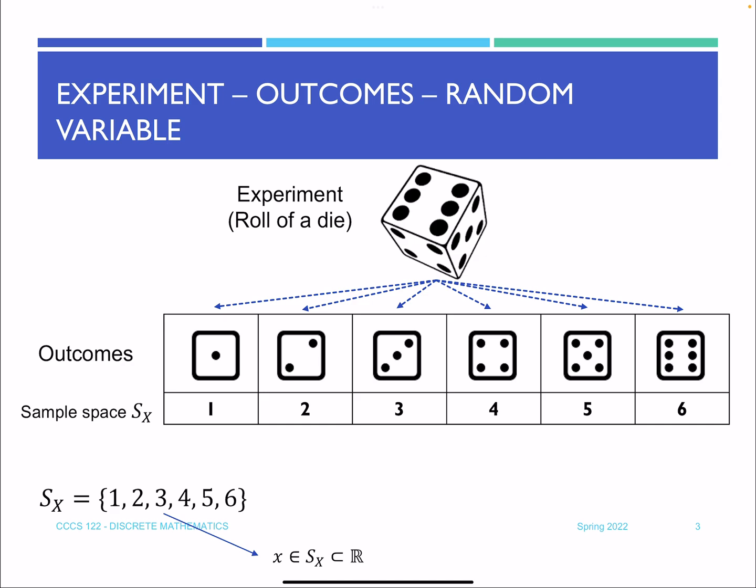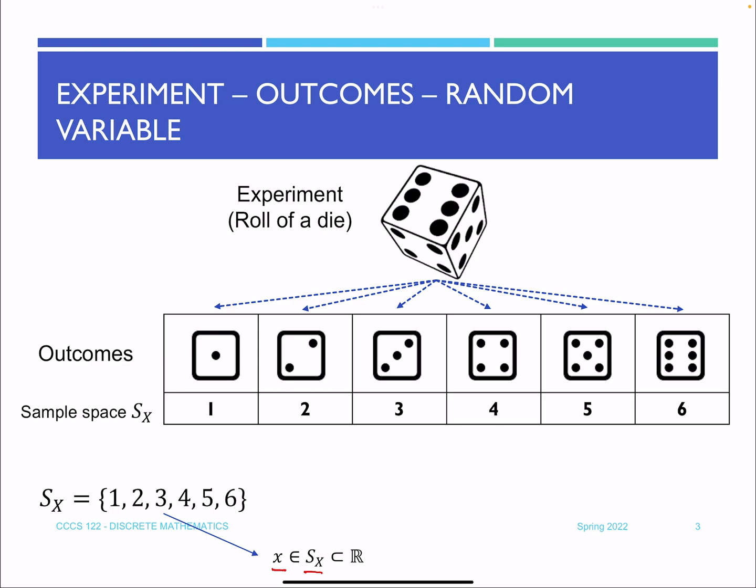Now, each of these individual outcomes is oftentimes denoted by a lowercase letter, like a small x in this case. So x, an outcome, is an element of the sample space, usually denoted by a set with the name S, which itself is a subset of the set of real numbers.